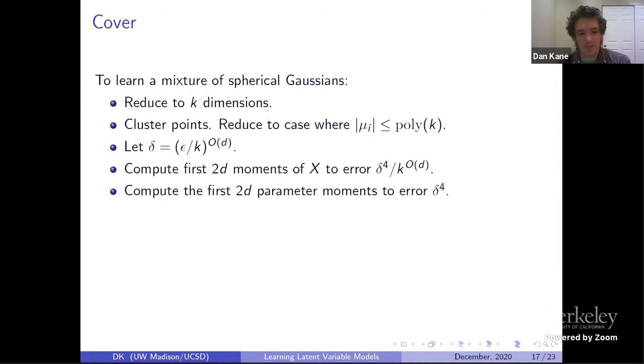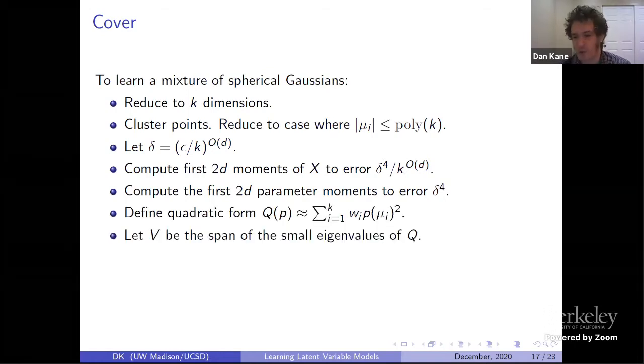Next, we're going to let delta be, say, epsilon over k to some large multiple of d. We're going to compute the first 2d moments of x to error something like delta to the 4 divided by k to the O of d. And from that, we can compute the first 2d parameter moments to error, say, delta to the 4th.